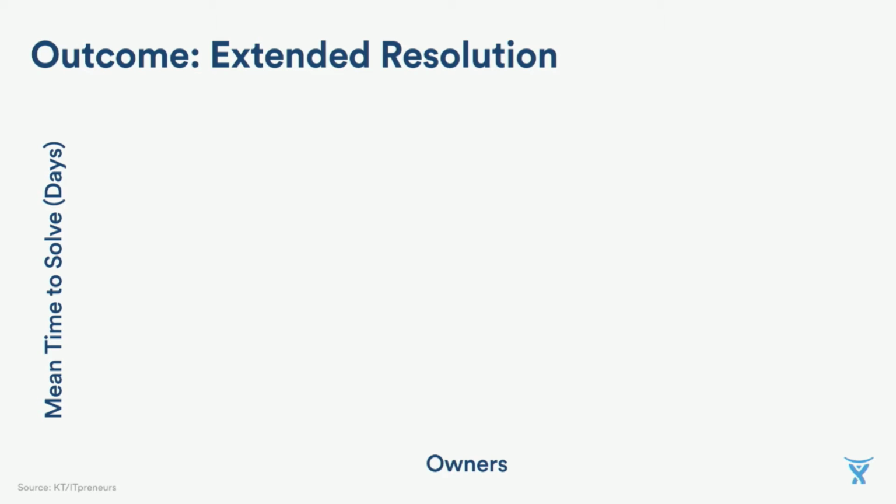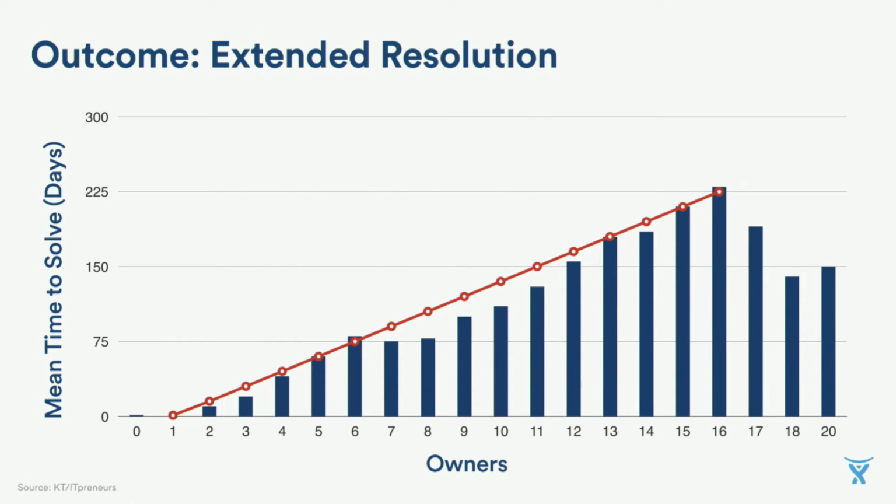And when we end up with a lot of people working an issue, let me show you what happens. There's an interesting statistic here, right? The more people that get involved, look how that line goes up in terms of the time it takes to resolve, right? And kind of the reason we were bringing more people in was we wanted to get it solved faster, didn't we? Not extend it.